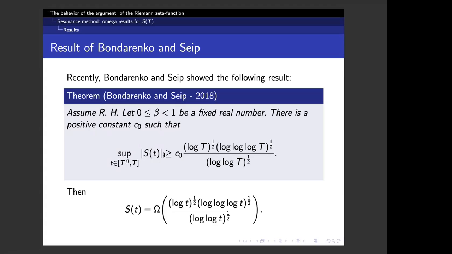And this implies that S t is omega. In this case, it's not omega plus or minus, it's just omega because here we have the absolute values. Omega (log t)^(1/2) times (log t)^(1/2) over (log t)^(1/2). This is a result of Soundararajan, Chirre.